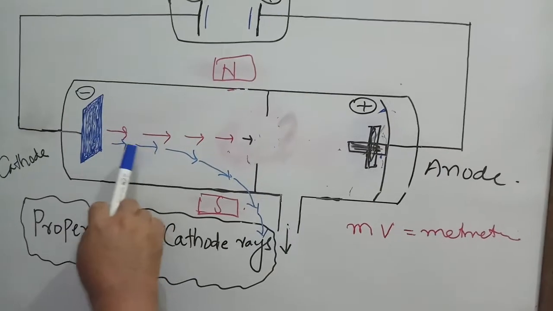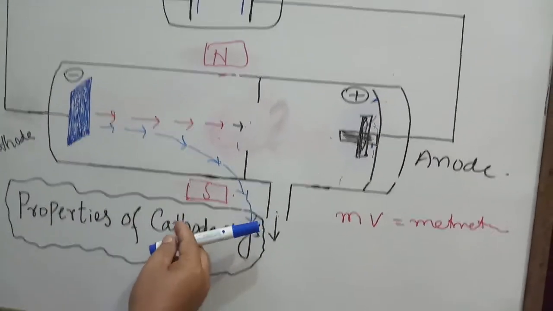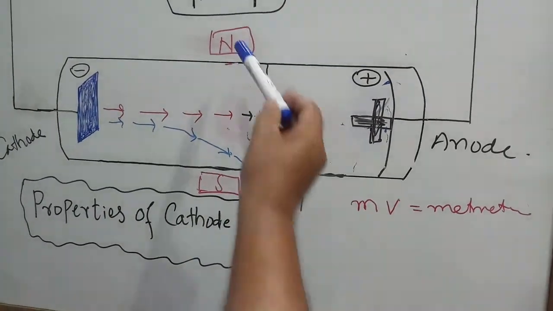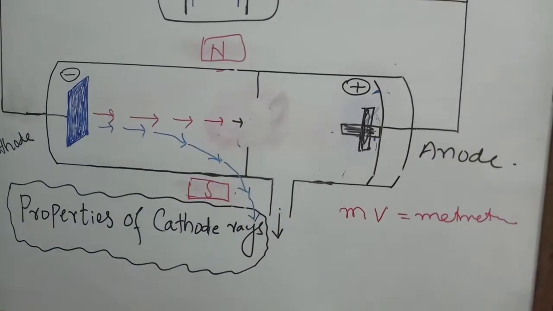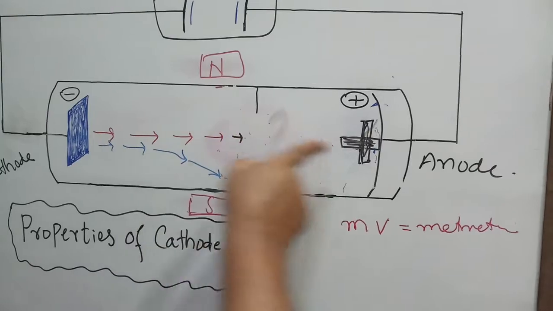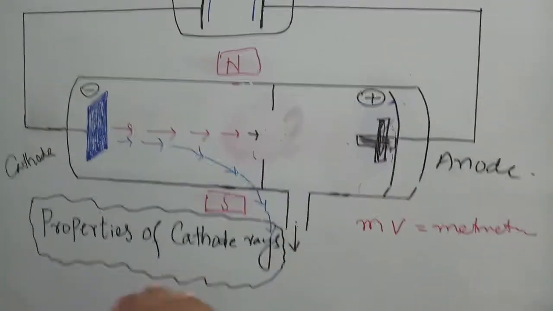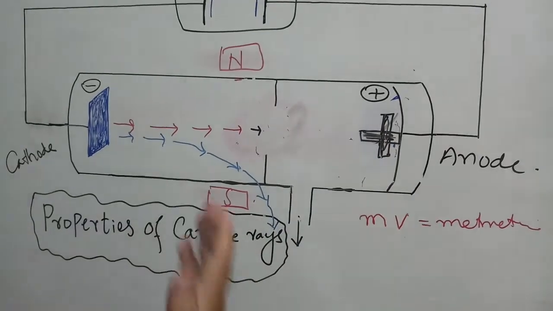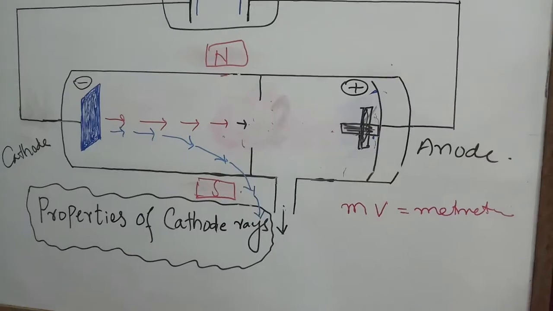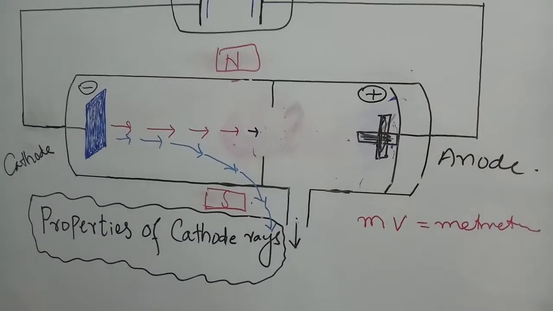It compels any charged particle to curve. So the deflection of the cathode rays in the presence of an externally applied magnetic field indicates that these are charged particles. If they were neutral, they would have passed straight. They carry some charge, that's why they are deflected by the magnetic field.